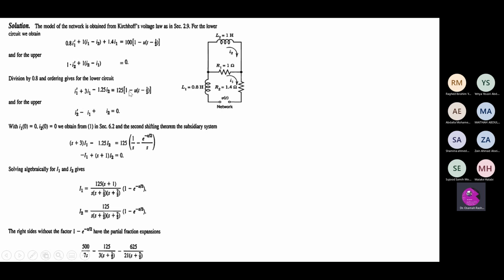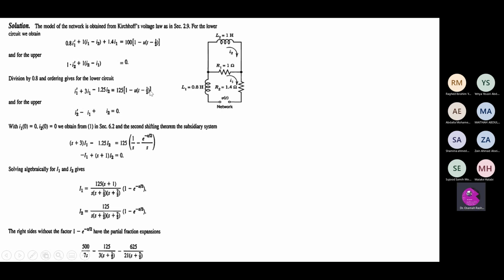So take Laplace for the first one. I have no problem getting the Laplace for the first derivative of I1. And Laplace for I1 is the Laplace for I1 minus 125 Laplace for I2. And what is the Laplace transform of the 1? It's 1 over s.